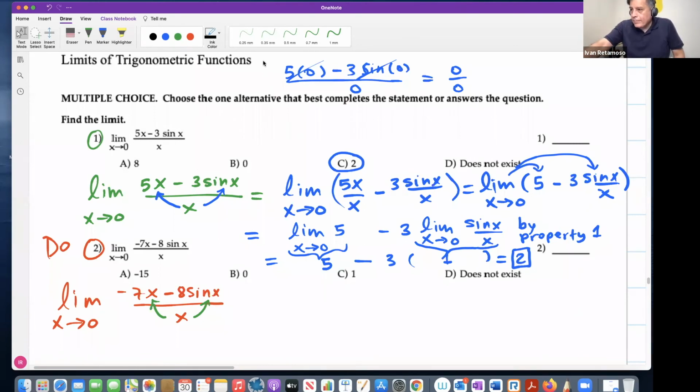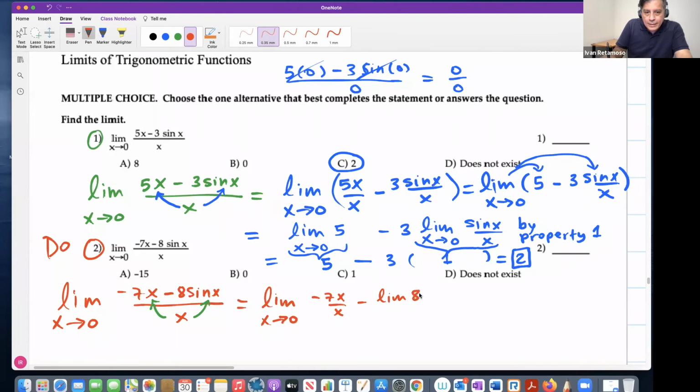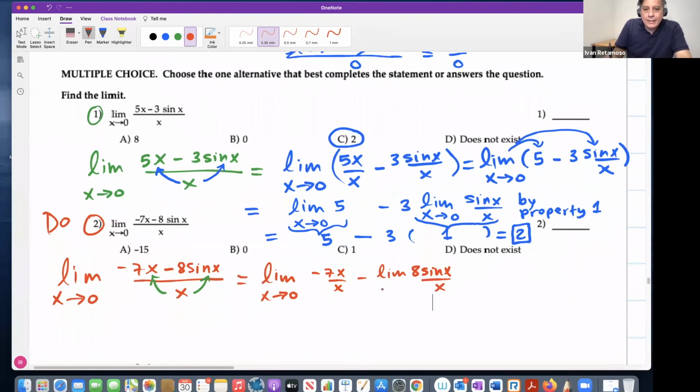Okay, so let's take a look at this together. You break it down as follows. The limit as x approaches 0 of minus 7x over x minus 8, distribute your limit, minus the limit of 8 sine of x over x, as x approaches 0.